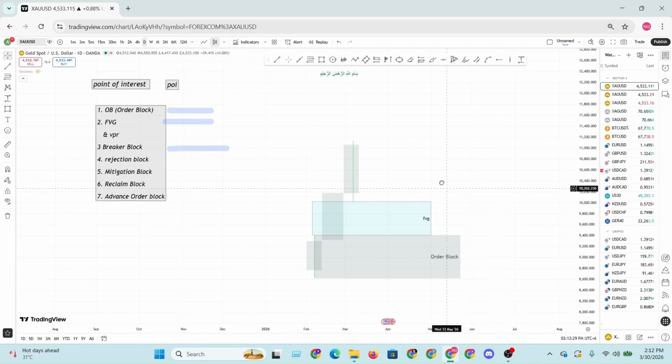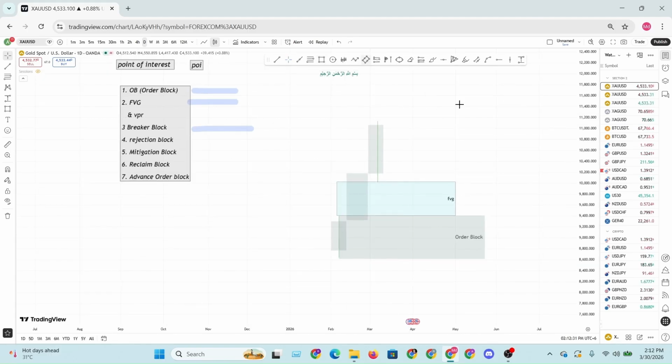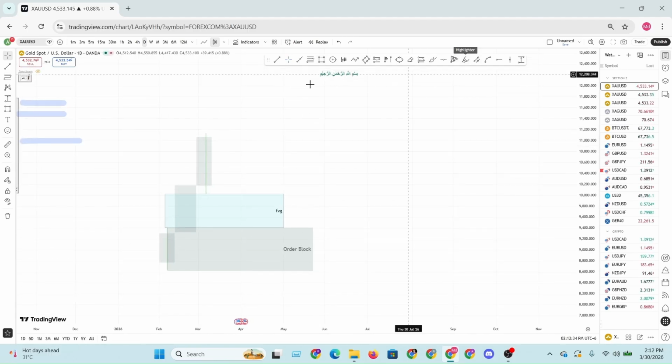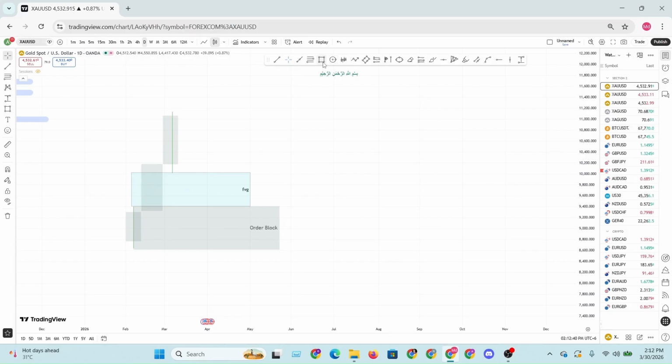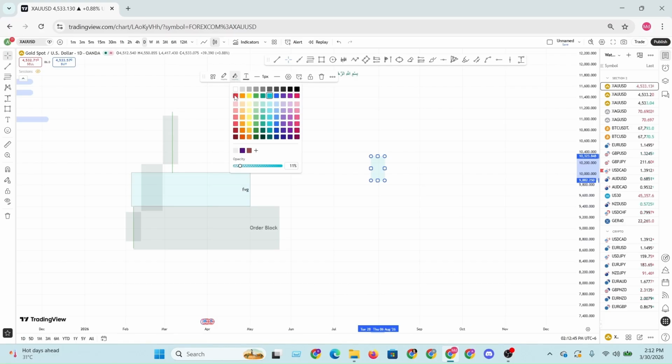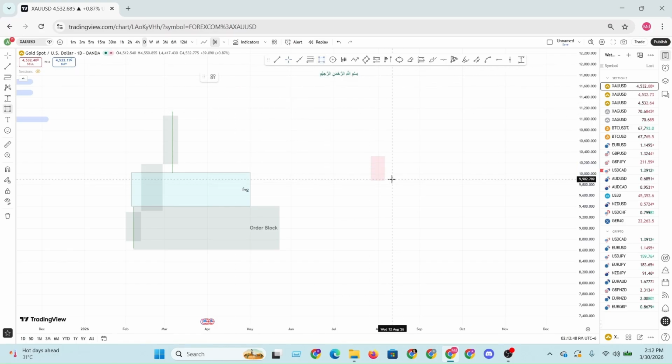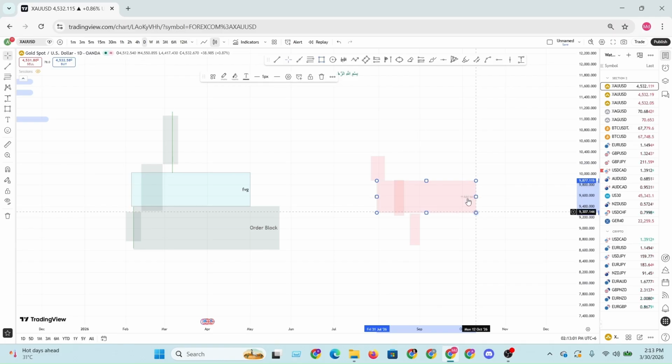Then the breaker block. What is a breaker block? First, know this: the first candle, second candle, third candle, and the gap between these candles is called FVG.